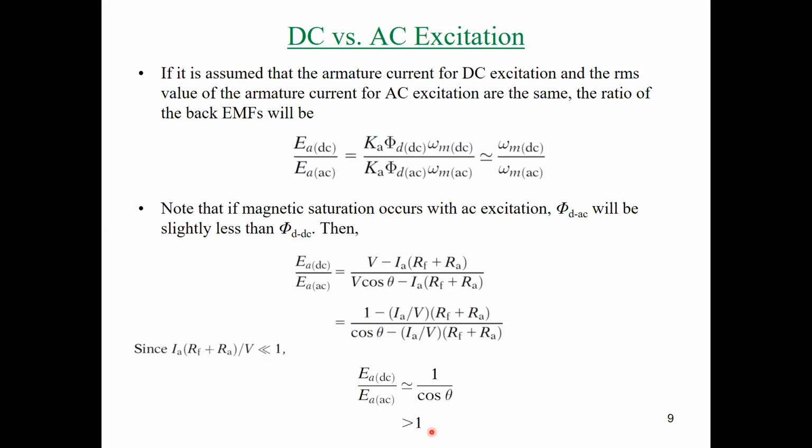1 divided by cosine theta will be greater than 1 at all times. This means that for different currents from DC and AC excitation, the DC excitation will always be higher than the AC one.